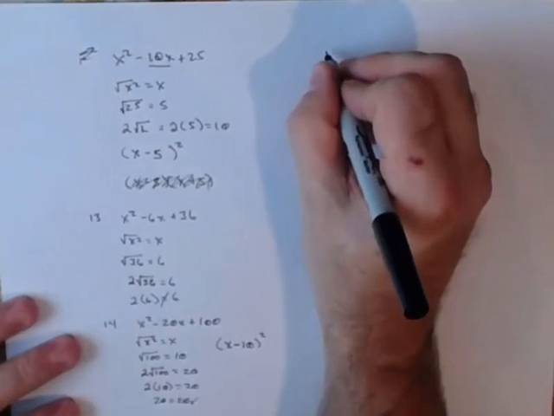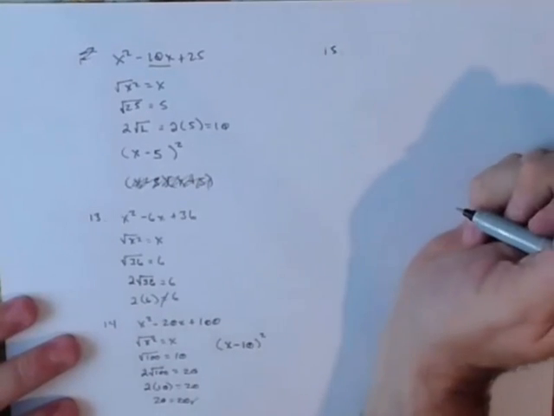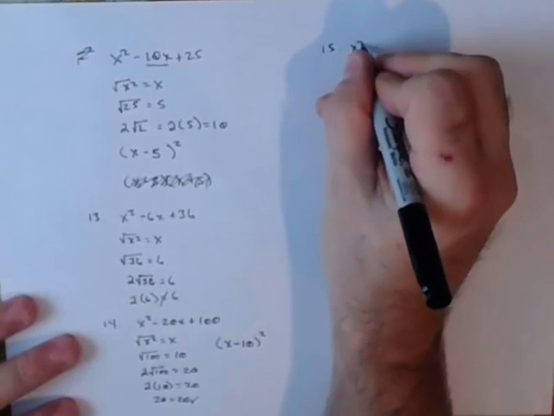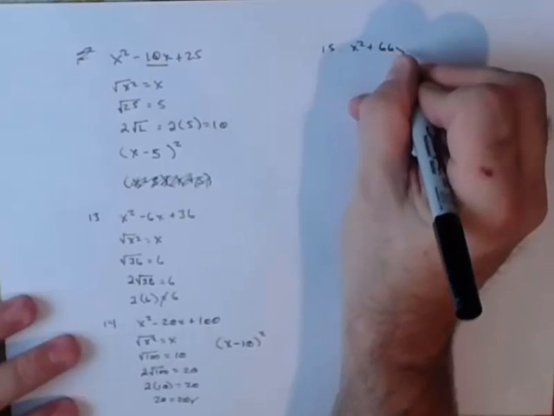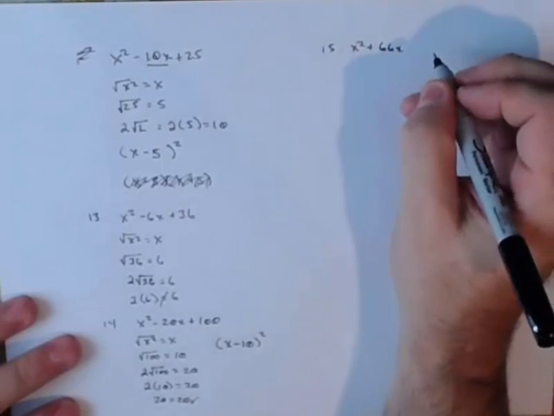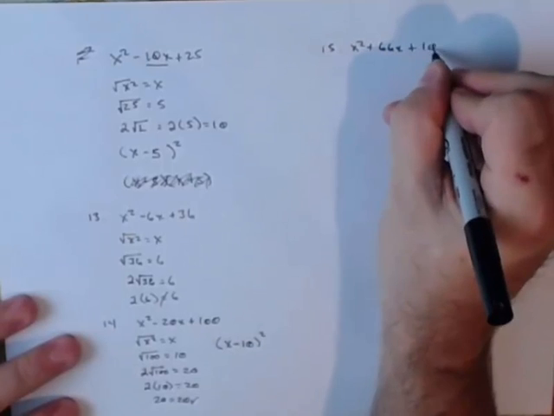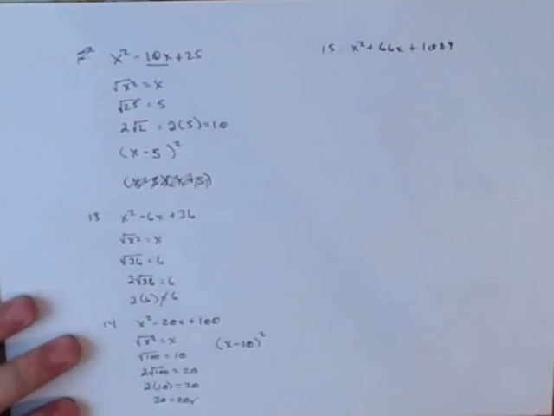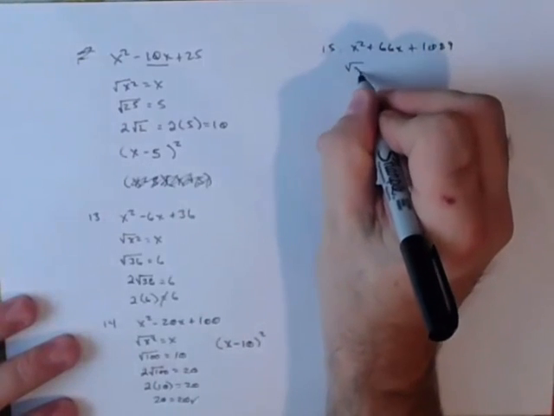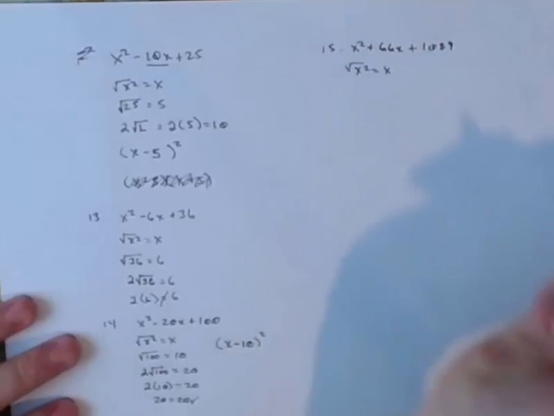Number 15. X squared plus 66x plus 1089. Well, the square root of the first term does check.